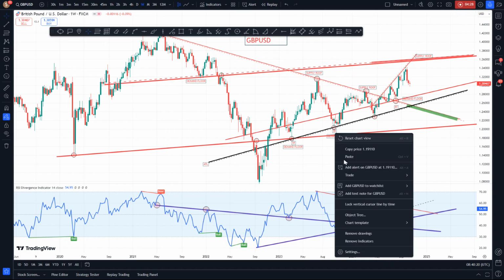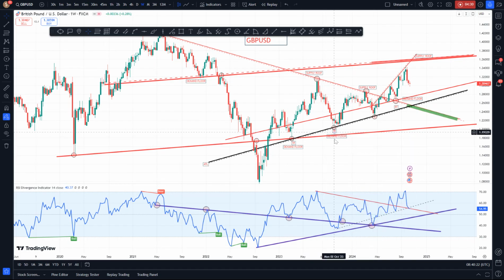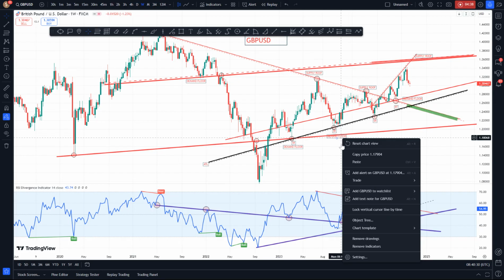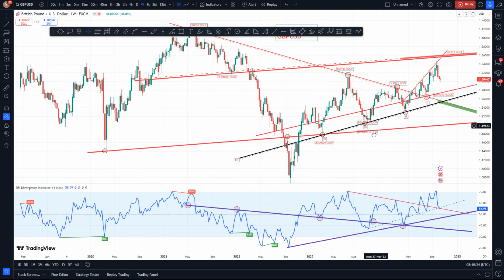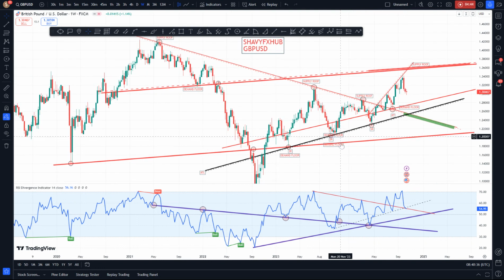When price returned again, it got respected again on the demand floor on the ascending trend line. Everything is well structured. There is nothing like manipulation in the market.